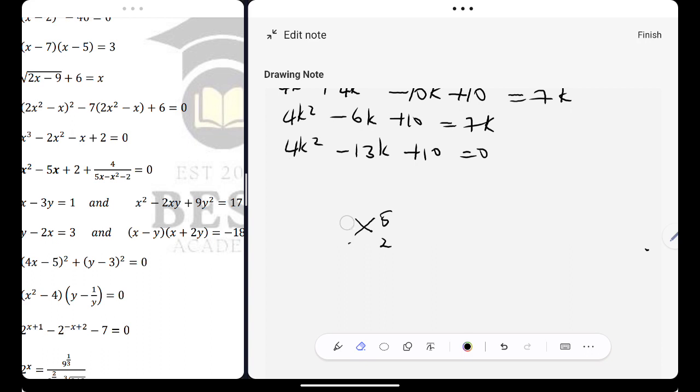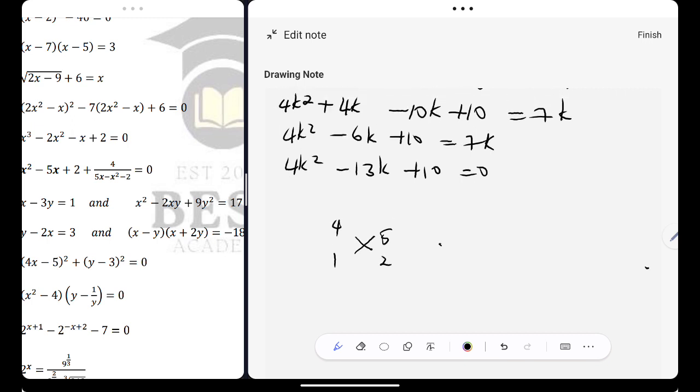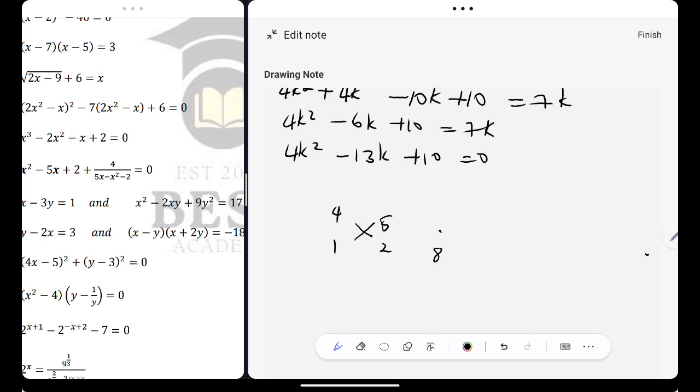So let's try having 4 and 1. I know that 4 times 2 will give me 8. 1 times 5 will give me 5. When I add, I'll have 13. So these will become my brackets. Are we together?